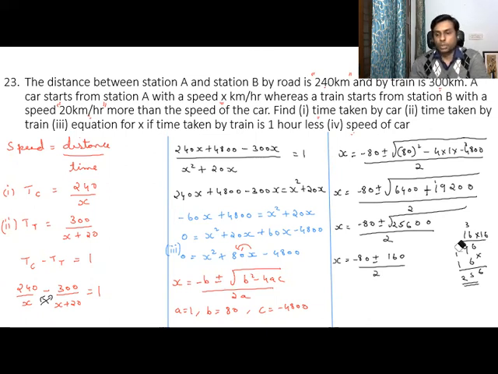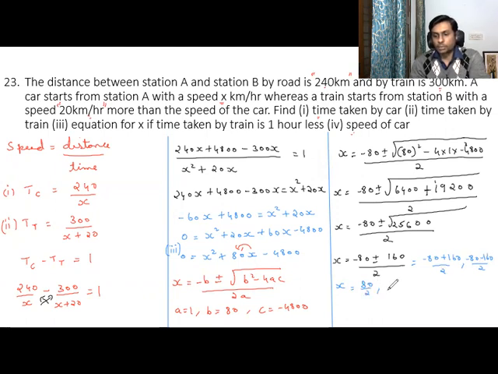This will give us now the value of x. That is minus 80 plus 160 by 2 and minus 80 minus 160 by 2. Minus 80 plus 160 is 80 by 2.